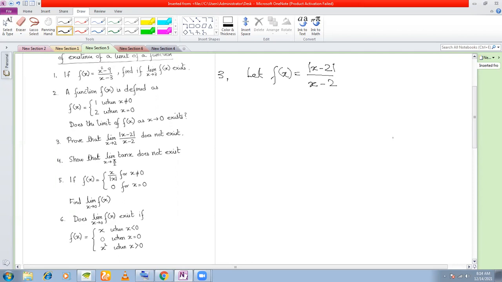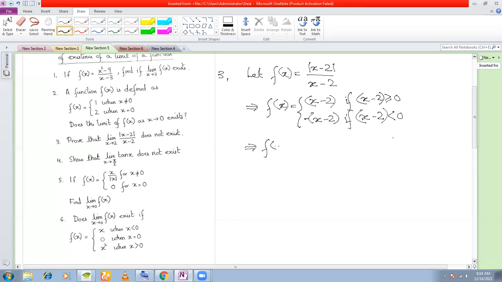Now we'll use the definition of mod to simplify this function. If you remember the definition of mod, mod(x minus 2) is the same as x minus 2 if x minus 2 is greater than or equal to 0, and is equal to minus of (x minus 2) if x minus 2 is less than 0, from the definition of modulus.